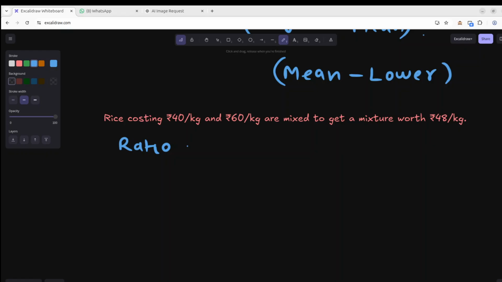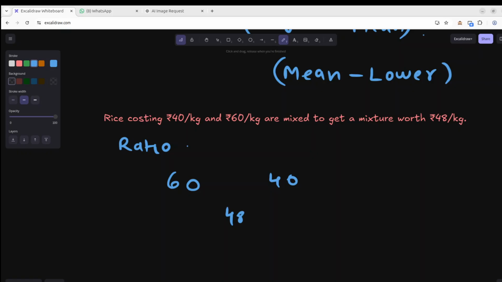One rice is 60, another one is 40, and they mix to get a mixture worth 48. That is the mean here. Sorry, they are not kg, they are the rate. So 60 per kg, 40 per kg, and 48 per kg for the mixture.